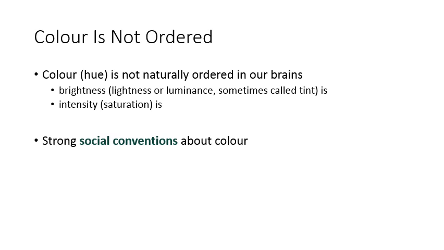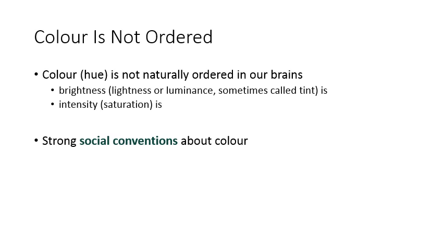So colour hue isn't naturally ordered in our brains, but things like brightness, the lightness or the luminance of something, and saturation are. We also have strong social conventions about colour. Hue talks about the tone of the colour, so blue, orange, yellow.